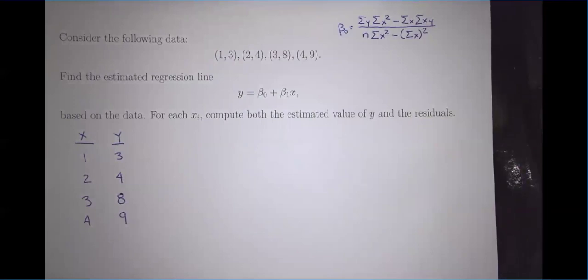All right, so in order to do this, we need to figure out some x squareds, we need to figure out some x y's, and n in this case is 4 because we have 4 data points.